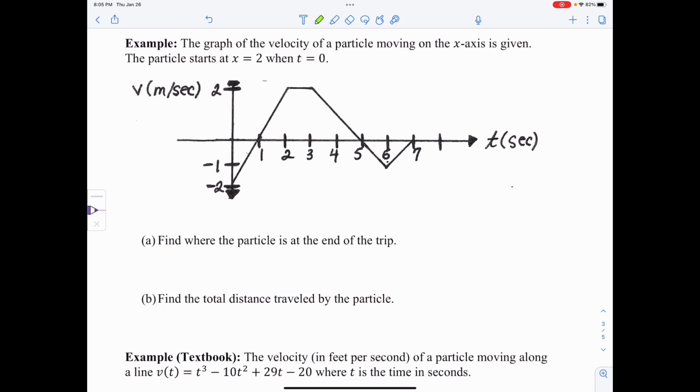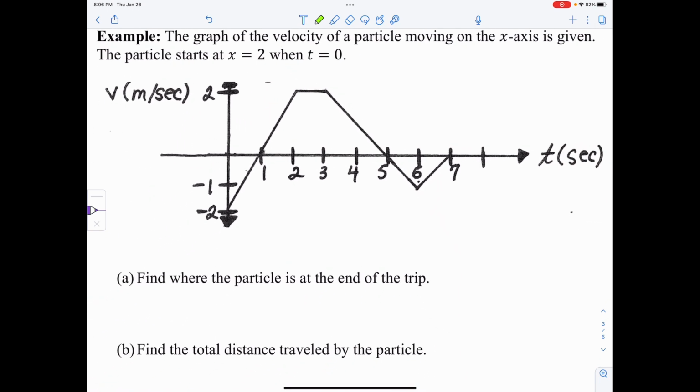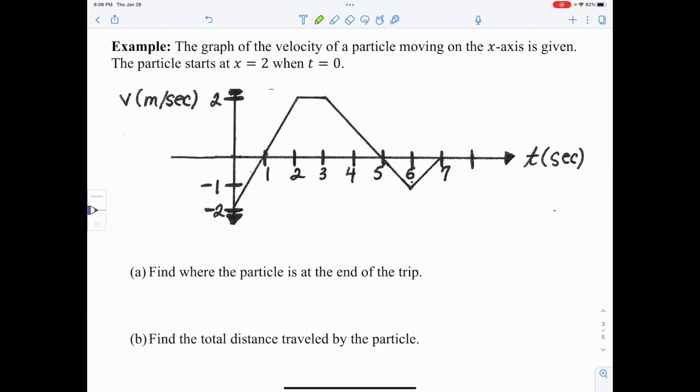And then it's going to be moving, right? Whenever the velocity function is below the x-axis, that represents the particle moving to the left and towards the negatives. And whenever velocity is positive, that represents the particle moving to the right.